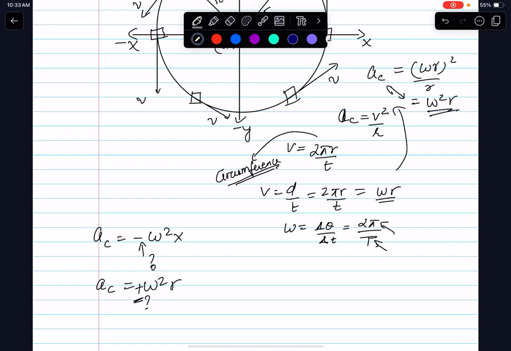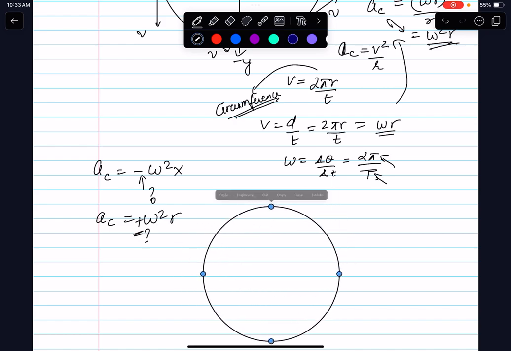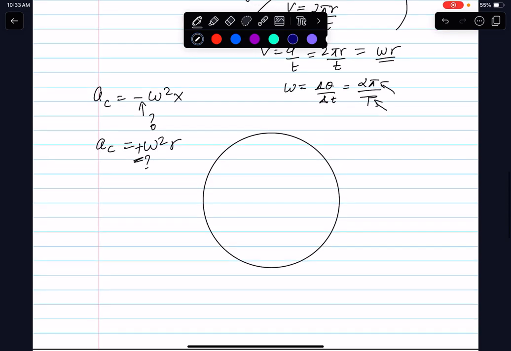But over here we're getting positive. So you might be thinking how we might be getting negative. And the answer for that is a bit unclear, I would say. Although this is how I would sort of think about it, right? I can't say for 100% if this is the official answer, but this is how I would reason with it.